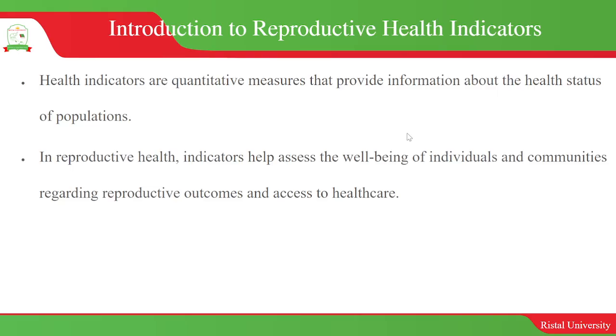So we can state the most prevalent conditions and how many people are getting particular diseases and at what rate. This is very important because it allows us to plan quite well and respond to reproductive health problems that require urgent attention. So a proper understanding of health indicators is very key.